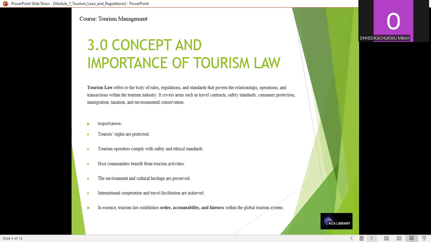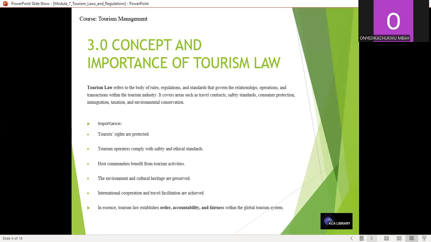So what are the importance? Number one, it's important because it guides the rights of tourists. That is, tourist rights are protected. Number two, tourism operators comply with safety and ethical standards. Number three, the host communities benefit from tourism activities.